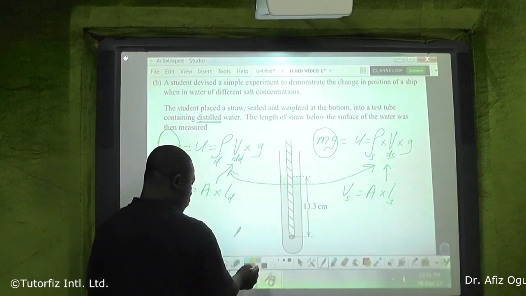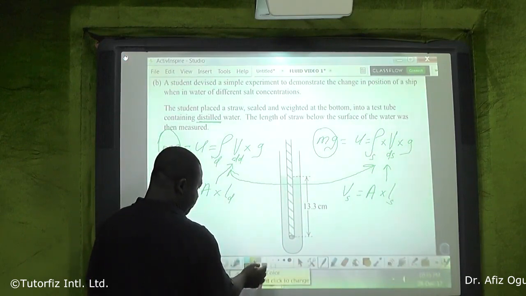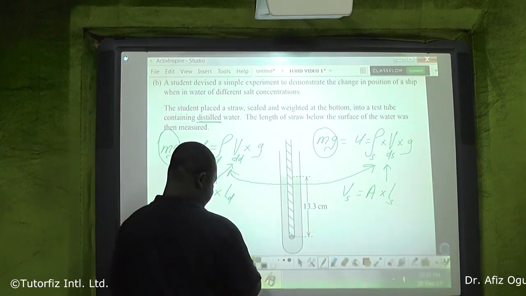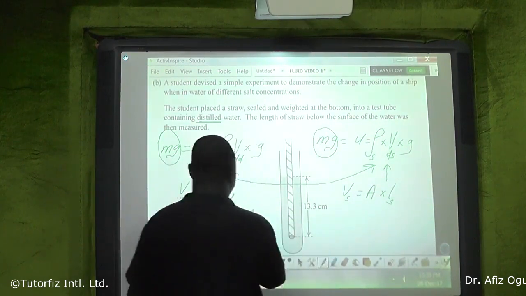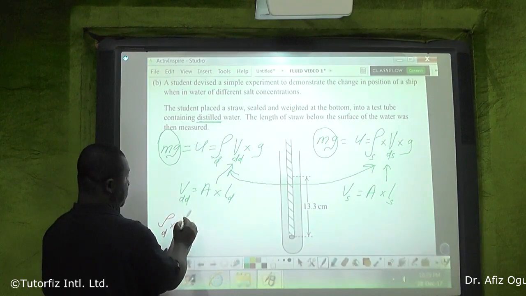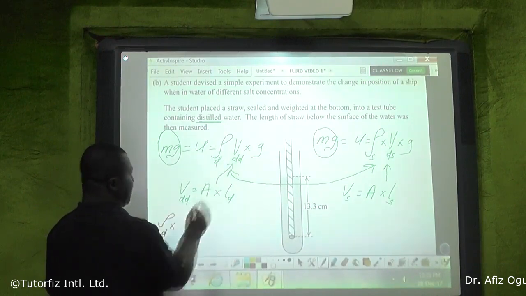So what will I write now? I change my pen to red. I say now density of distilled water times, instead of volume of distilled water, I write area times length of distilled water.